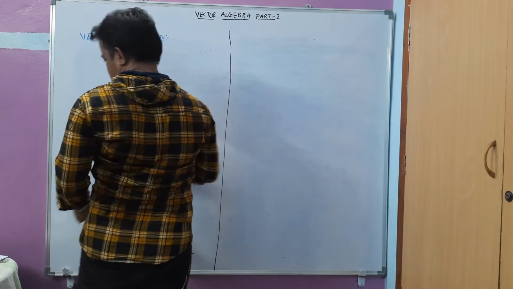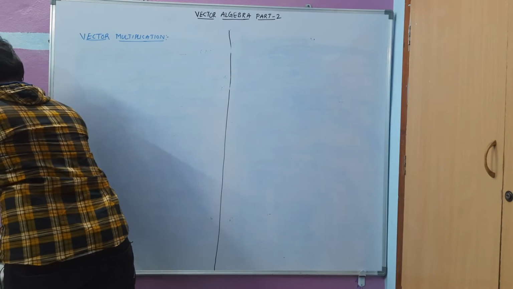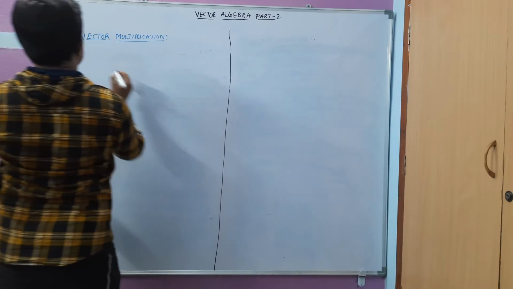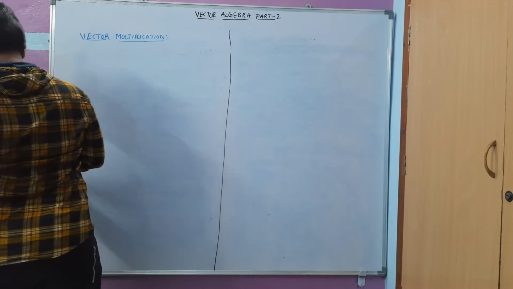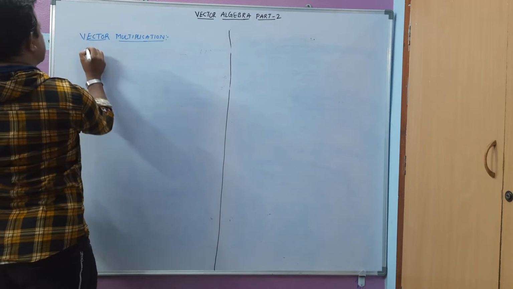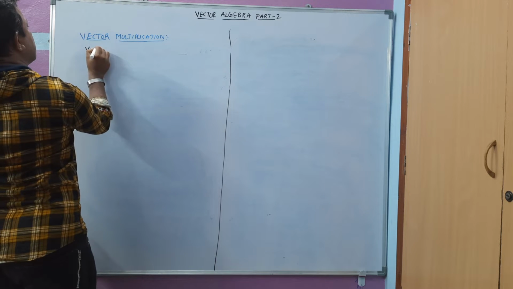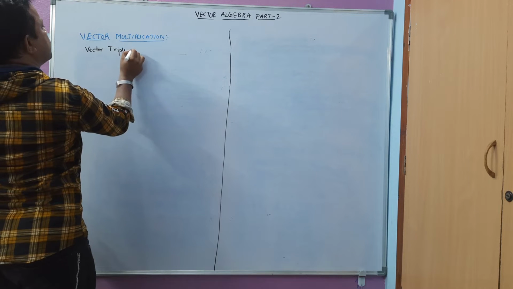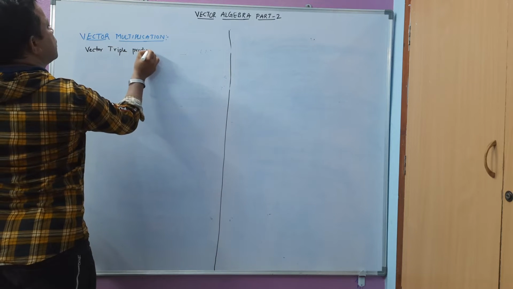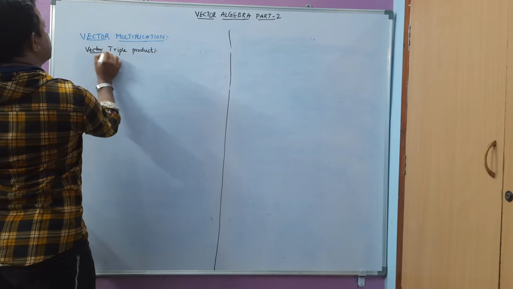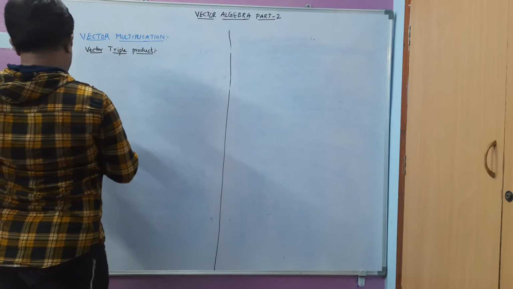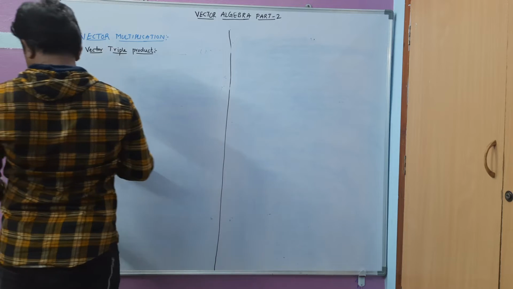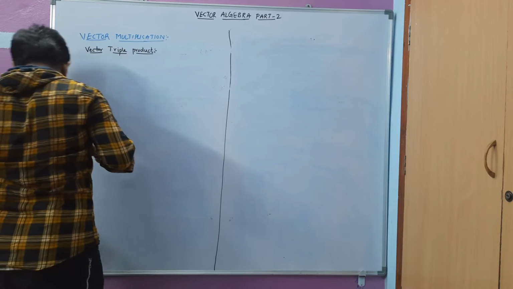Next, vector triple product. Suppose I have vectors a, b and c.